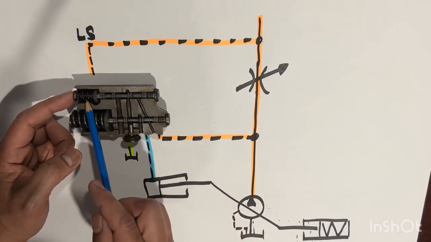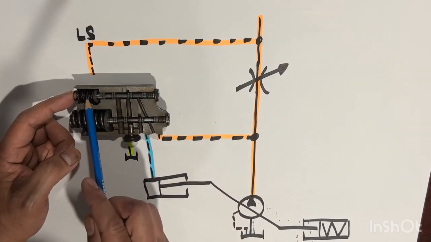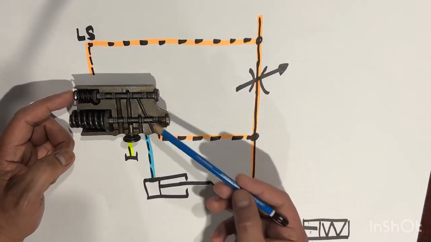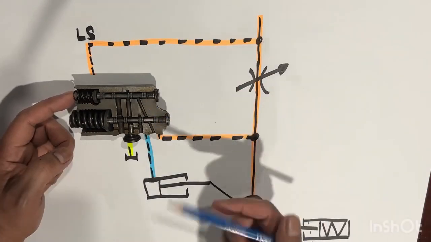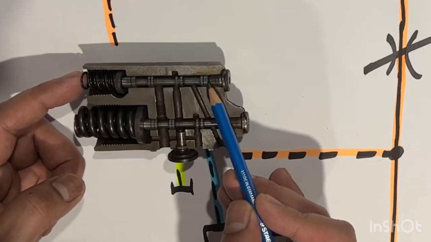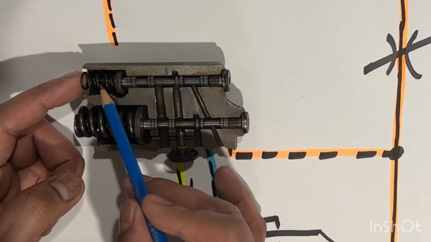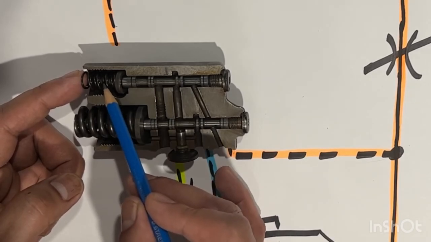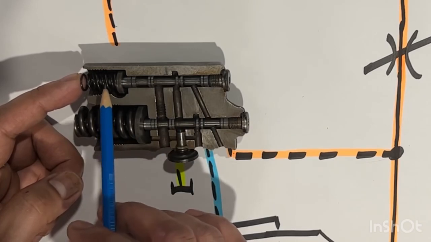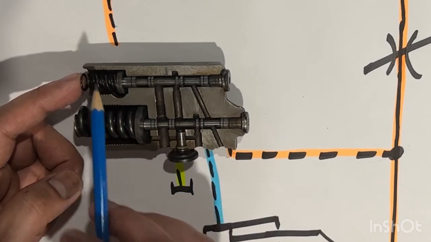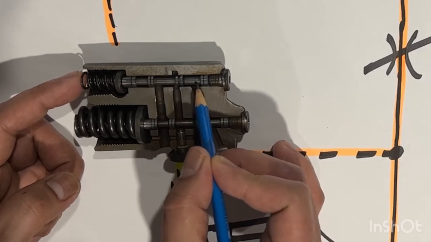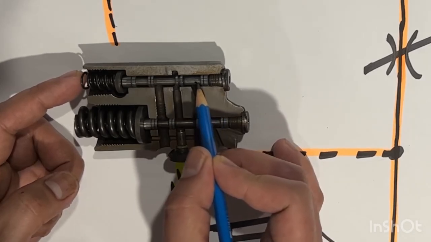The spring here is set to 15 bar, but the pressure in the LS signal and in this gallery is almost the same, so there's no force exerted more than the force in the spring chamber. The spring force is higher than the force behind the spool. Remember this drilling here, a pressure will act behind the spool because of that drilling.